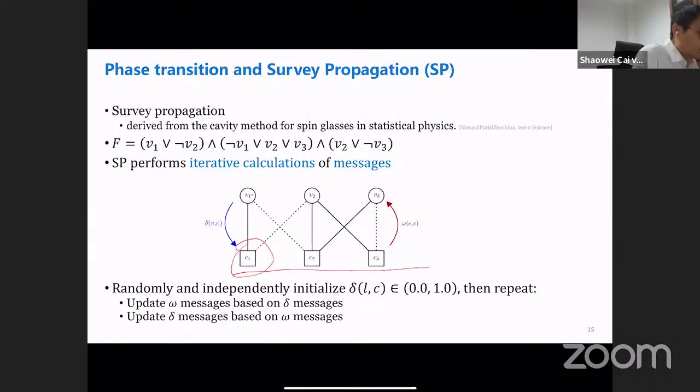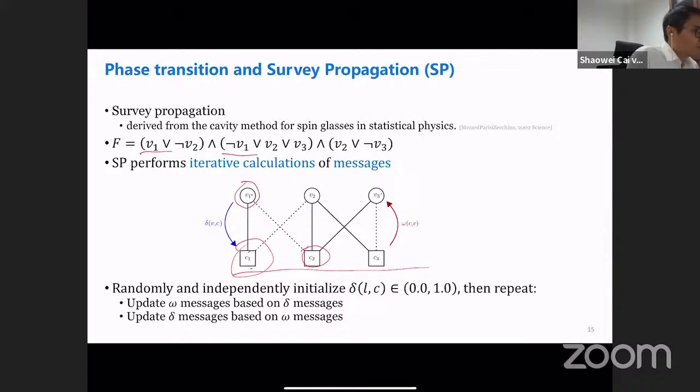Now a variable is connected with a clause with a solid line if it's a positive literal in the clause, and with a dashed line if it's negative in the clause. For example, this V1 is positive in clause 1, so it's a solid line, and it's negative in clause 2, so it's a dashed line here. And in each iteration, the variable will pass a message to the clause, and the clause will also pass messages to variables. And this is a little complicated, which I will not explain too much here.